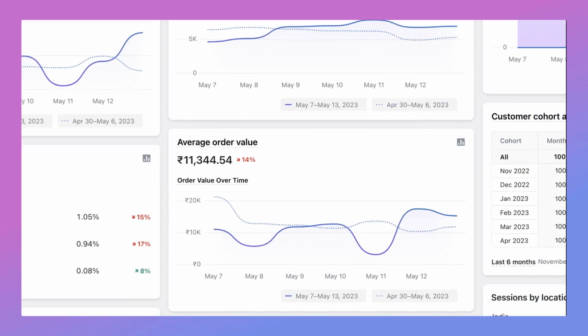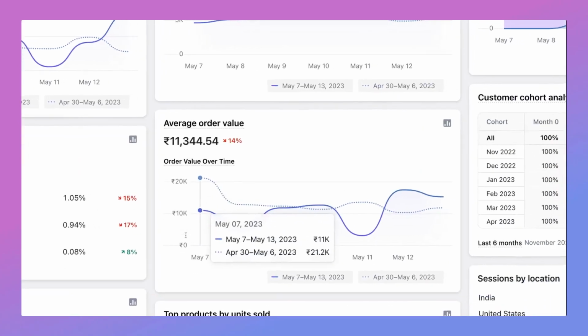Then this is your average order value. Average order value is the average order value on that particular day. This is again a very important parameter, because sometimes you sell bundles, sometimes you sell individual products.